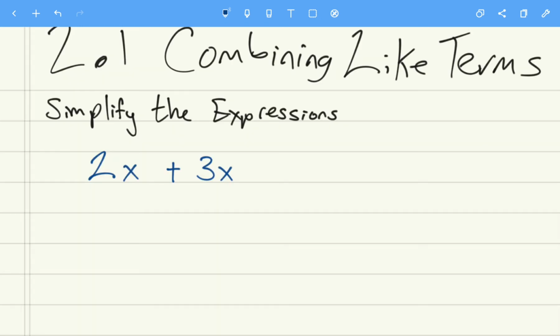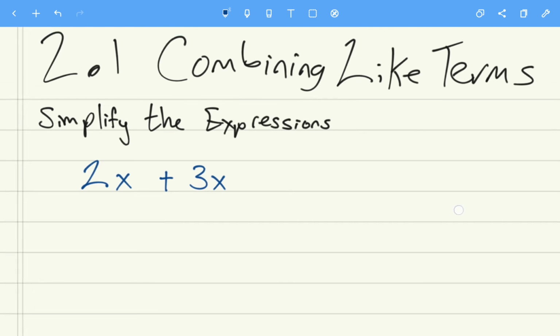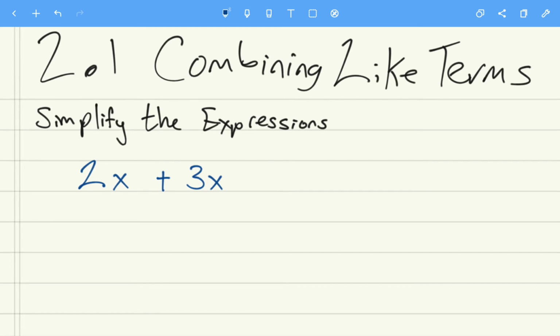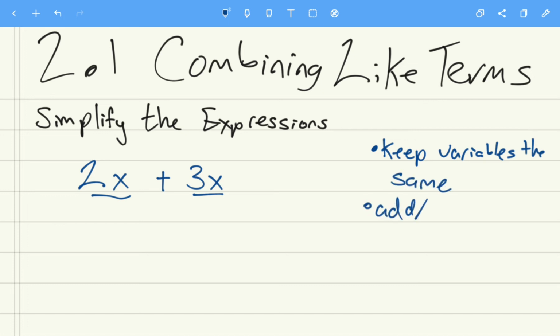Alright, so let's take a look at how we can combine like terms. So this first one is asking us to simplify the expression. We have 2x and 3x. When we combine like terms, we keep the variables the same and add or subtract coefficients only.